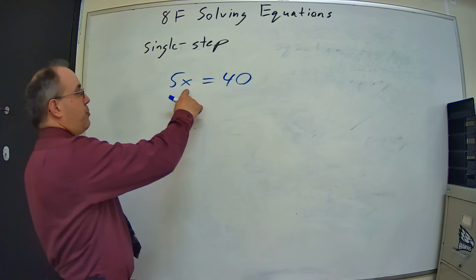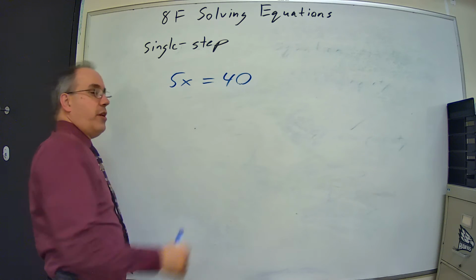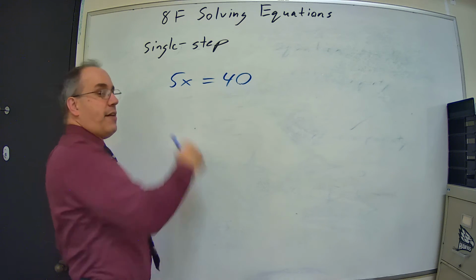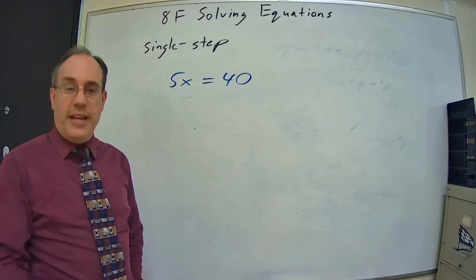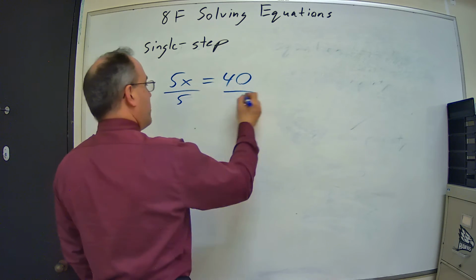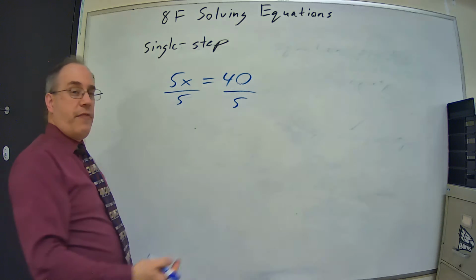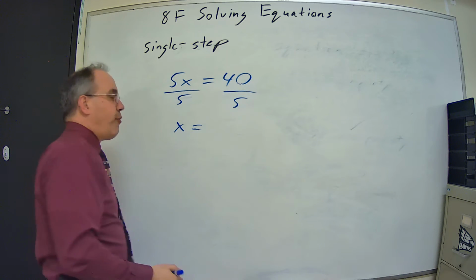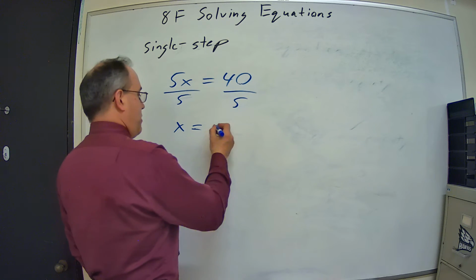So I want to get x by itself. Well, how do I get rid of this 5? If it's multiplying by 5, to get rid of it, I'm going to divide by 5. So I divide both sides by 5. 5 divided by 5 is 1, so we have x. 40 divided by 5 is 8.